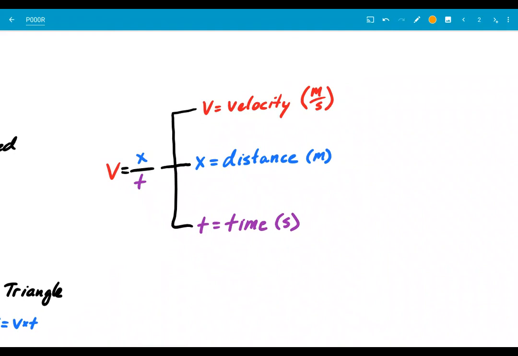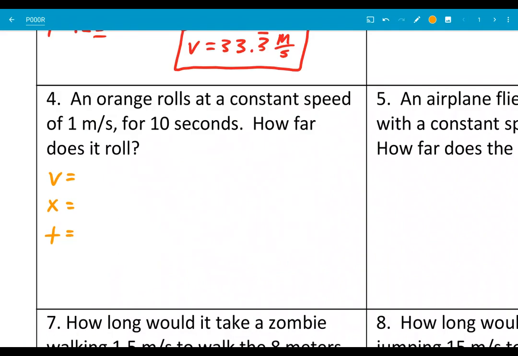Velocity's units are meters per second, so that must be v. 1 meter per second means every second they go 1 meter. They do this for 10 seconds. 10 seconds is time. So I'm going to put that down next to t, 10 seconds. So now we know the question is how far does it roll? Put a question mark next to that so we know which one we're looking for.